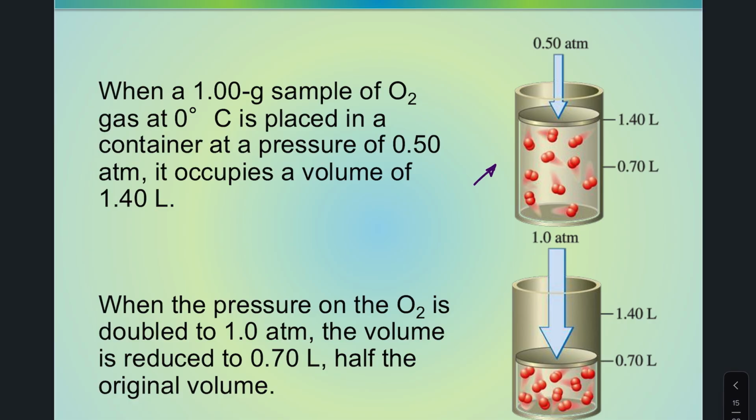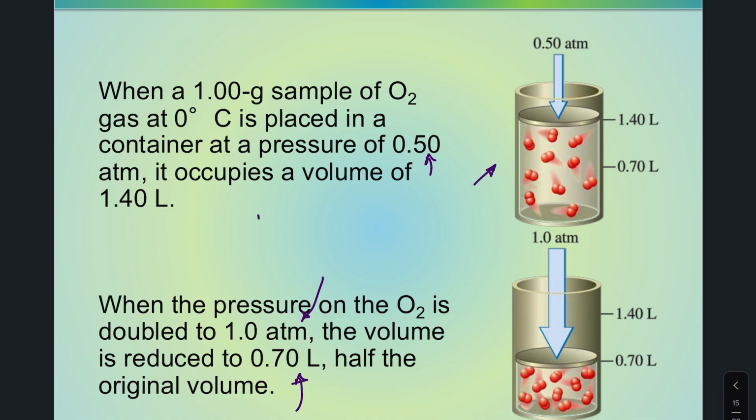Now, when we compress that, if we double the pressure from 0.5 atmospheres to 1 atmosphere, then the volume is going to reduce as well, because they are inversely proportional.